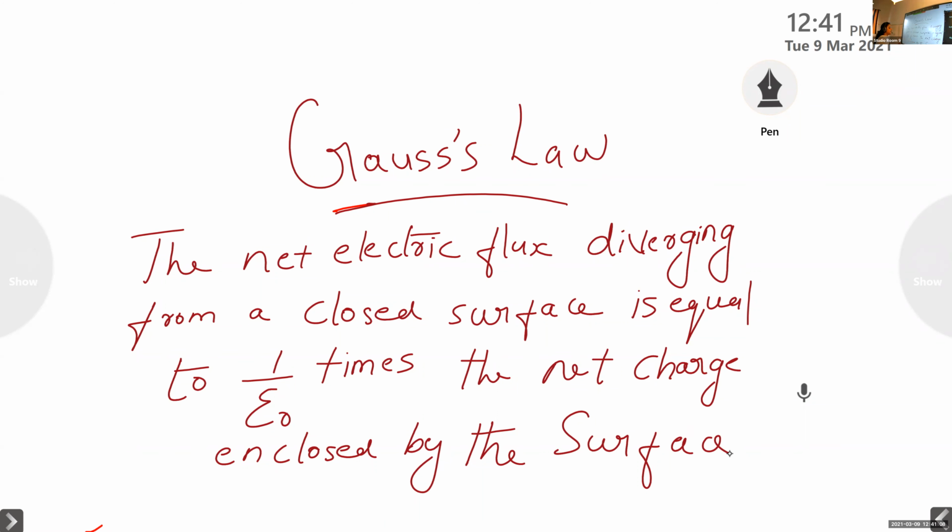So the electric field lines originate and go radially outwards only when the surface encloses a net charge, with flux equal to 1 by epsilon 0 times the net charge enclosed by the surface.